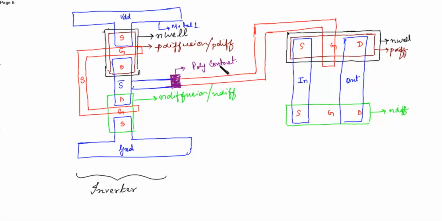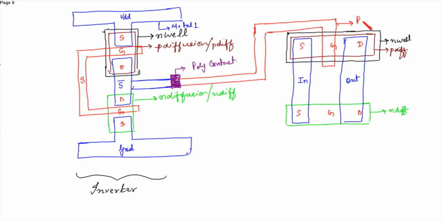Now after placing the poly contact, you can see that the select bar is connected to this gate, but this gate is connected to the select line, which is poly, and this gate is also poly.